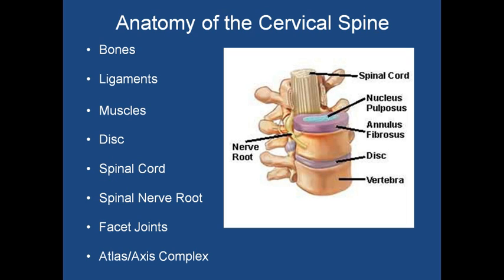The cord itself runs in the spinal column, which is the way that your vertebrae are aligned. There's a hole in the middle of them, and that's what your cord will run through, from your neck through your thoracic and then through your lumbar vertebrae at the bottom.